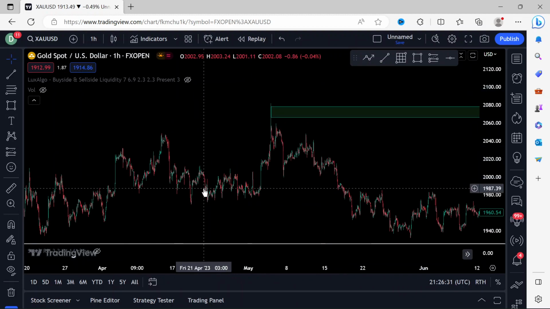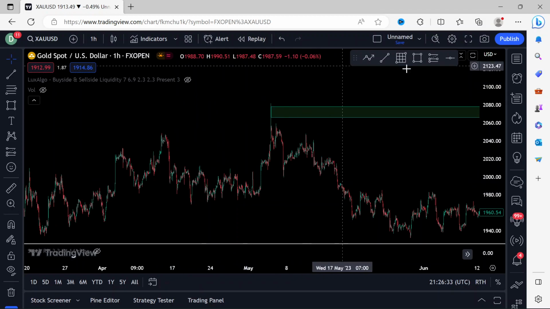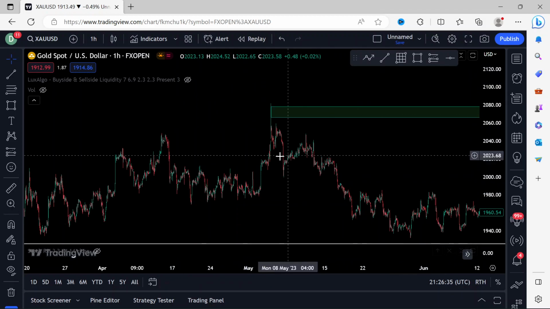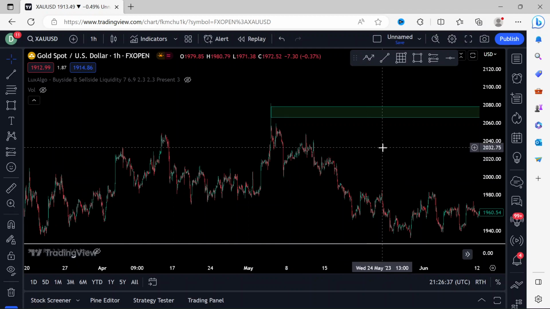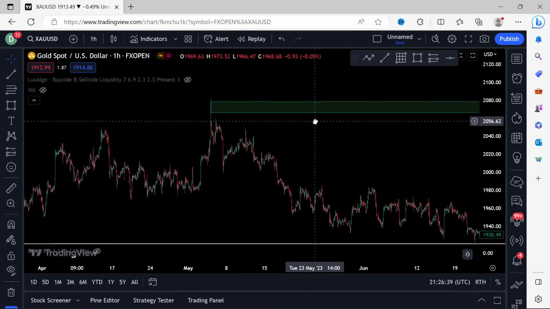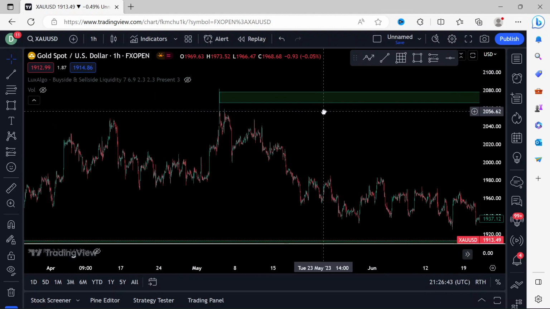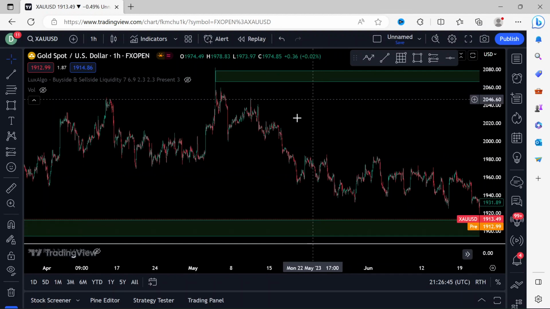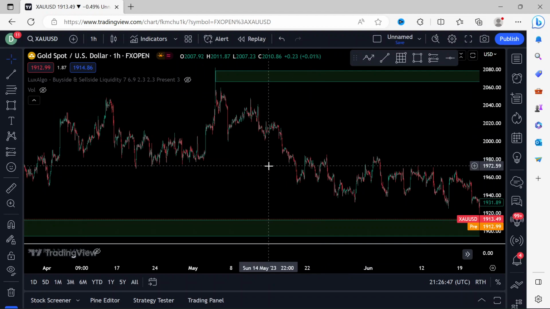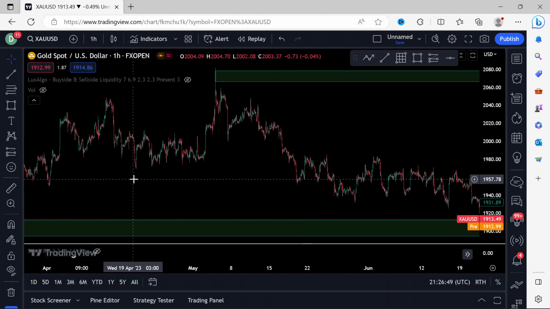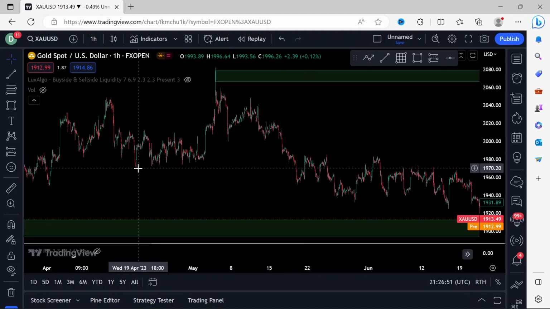So still on the 1 hour, that's my macro time frame. We can clearly see, after finding our high, you can clearly see from this side that price has made significant reactions here.